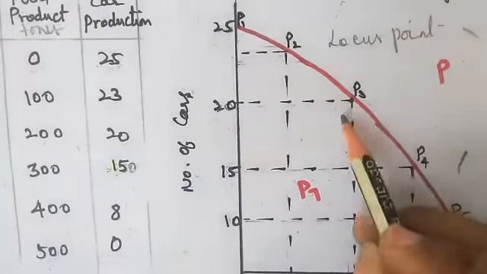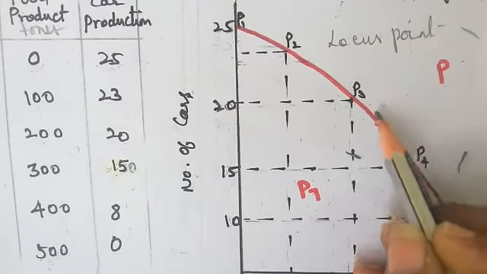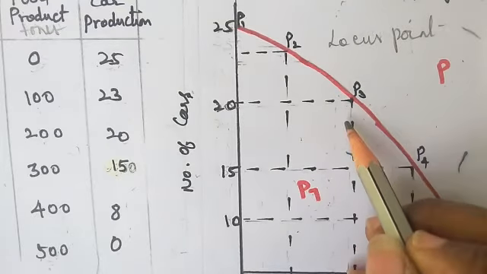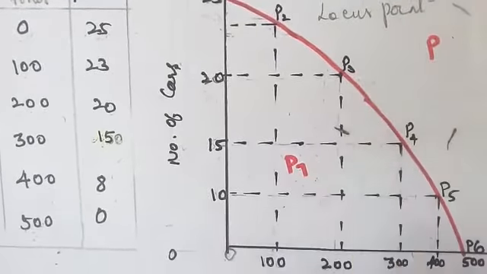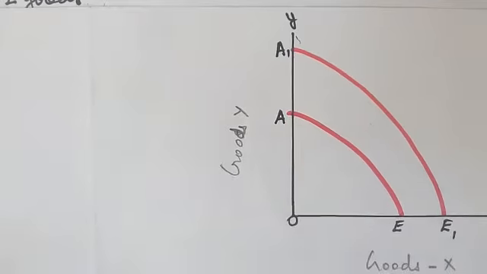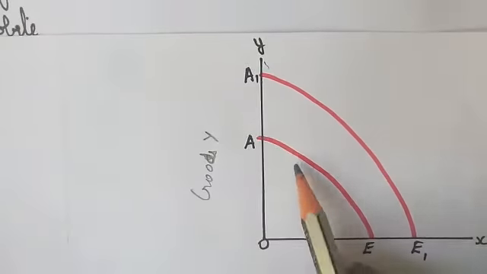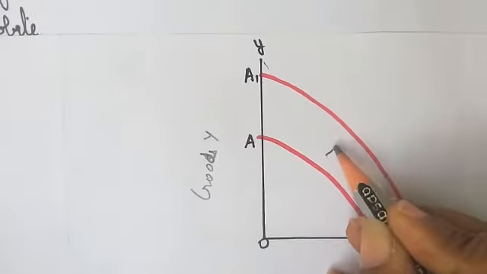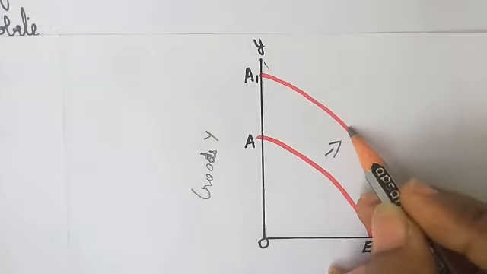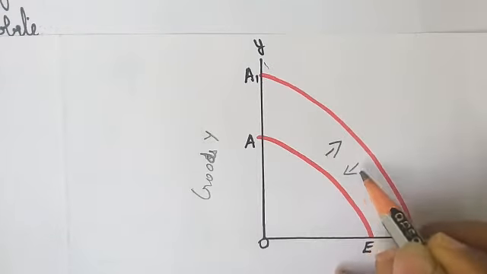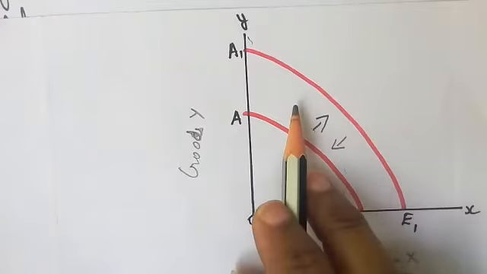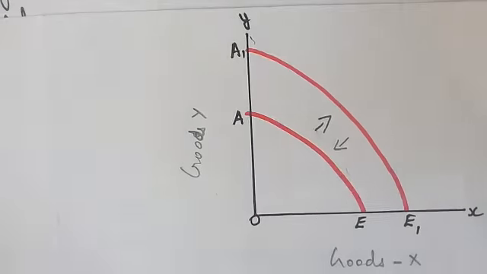This curve can be shifted above or lower. That depends upon the choice we select. You can see the diagram. This curve can move up or it can go down, depending upon the choice we are selecting.